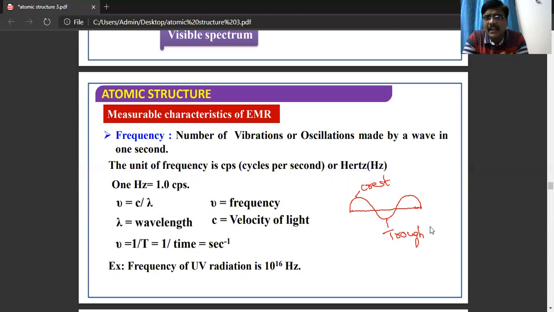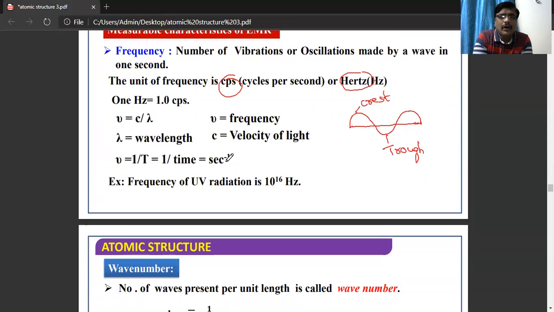In another way, we can define frequency as the number of waves that are passing through a given point in unit time. That is also known as frequency. The unit of frequency is either hertz or CPS, that is, cycles per second.